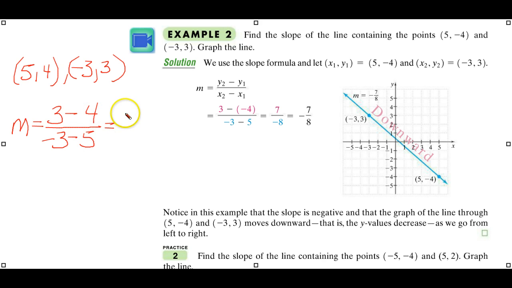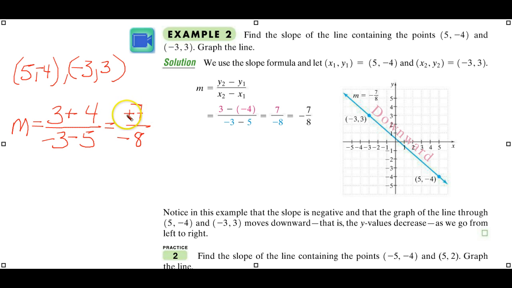So this will end up being a negative 1 over negative 8. And it's important that we copy it correctly. This was a negative 4 here. So when I put a negative 4 into this formula, it's the opposite of a negative 4. This should be a positive. So I get a positive now 7/8.